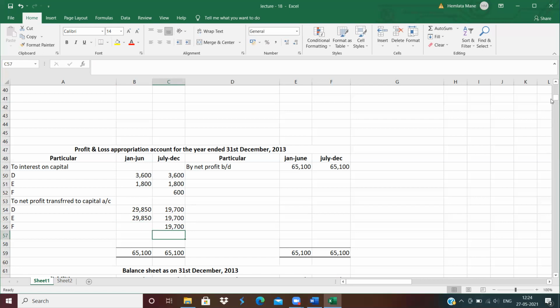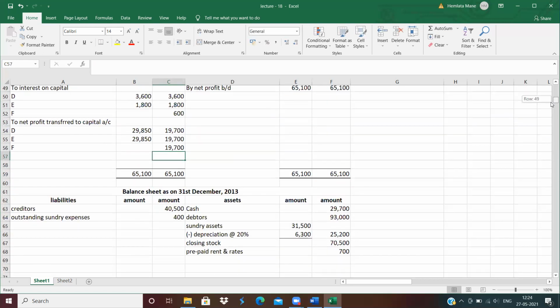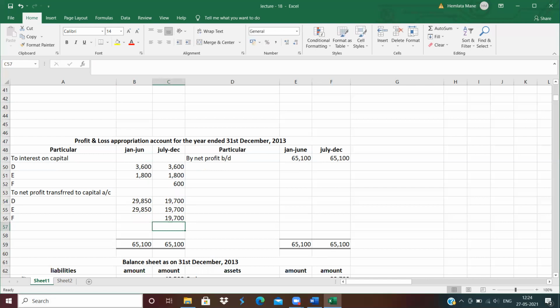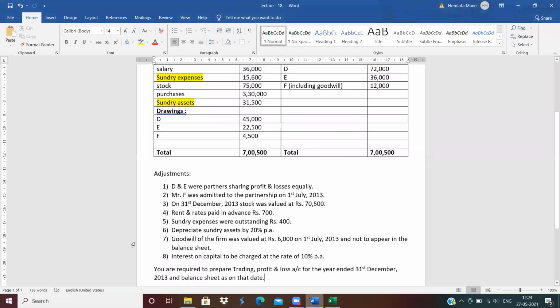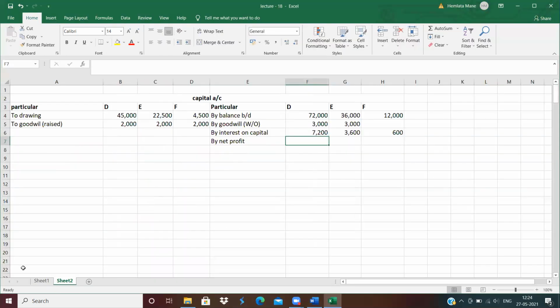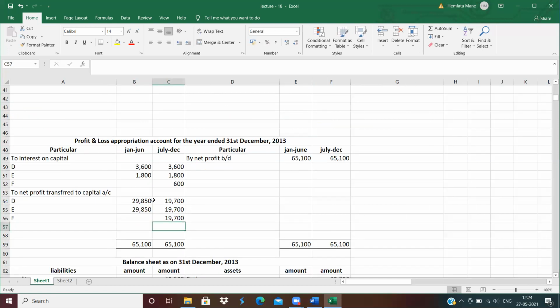Okay. Now this balance is brought down in the capital account by net profit. How much is the amount of D before 6 months? Before 6 months, 29,850.